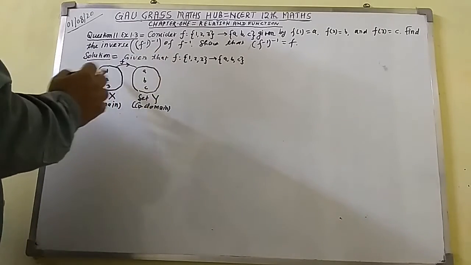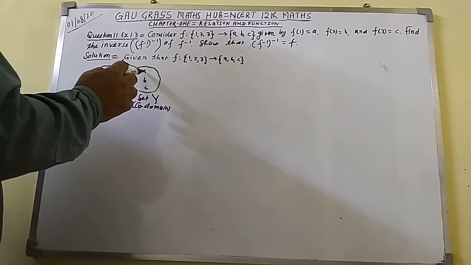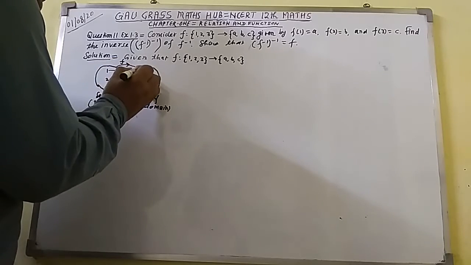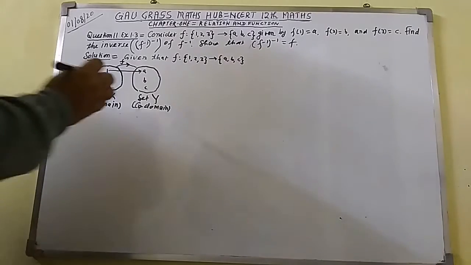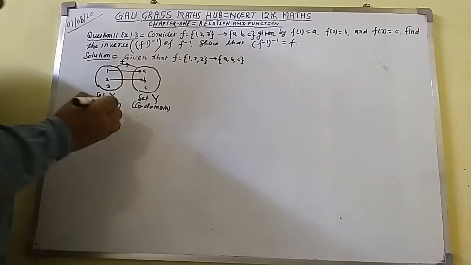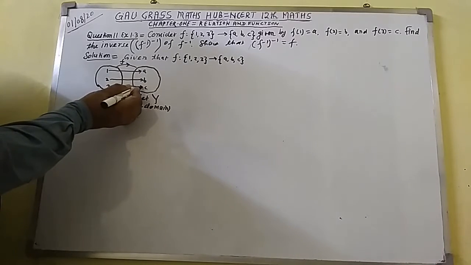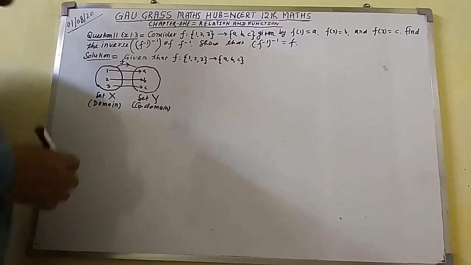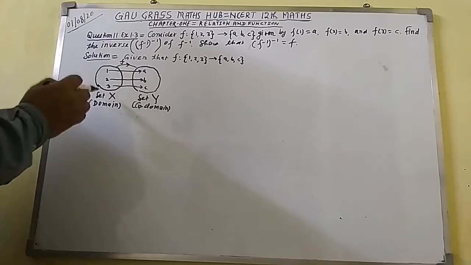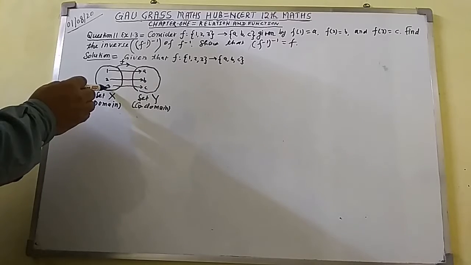Now relate the images. Here you can see the image of 1 is a, image of 2 is b, image of 3 is c.